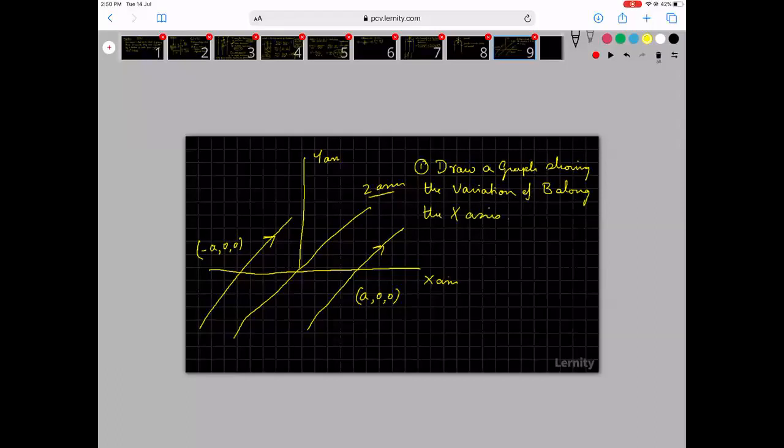So how does B change along the x axis? Draw a graph. On the x axis you have x, on the y axis you will have B. I want you to draw the graph and show.